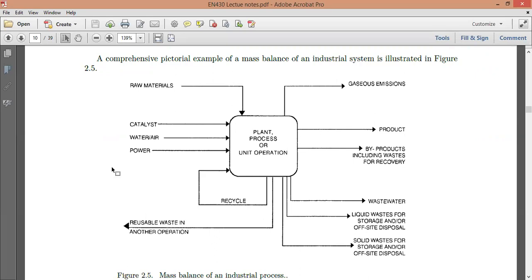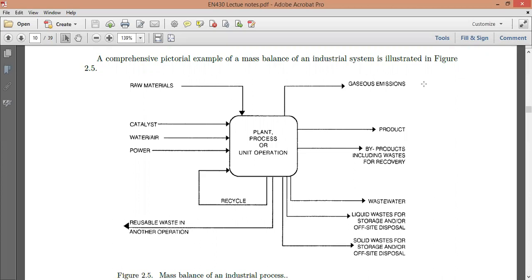So let's try anyway. For argument's sake, let's try and track water. Let's get the mass balance for water in this case. Are we able to trace the water? So input, we have water. What's the output for water? Are they able to track where water can be found on the right? Among these ones, where do you think our water has gone to?